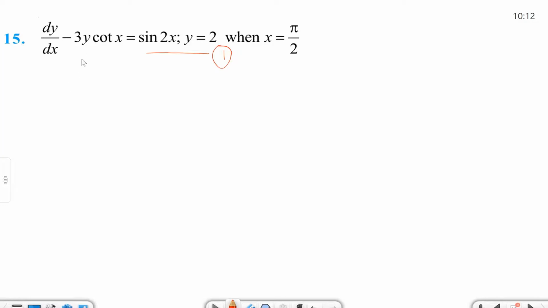Therefore the integrating factor, I.F., is equal to e power integration of P dx.